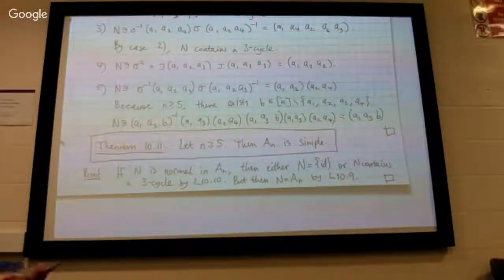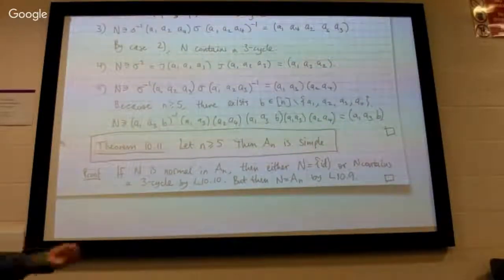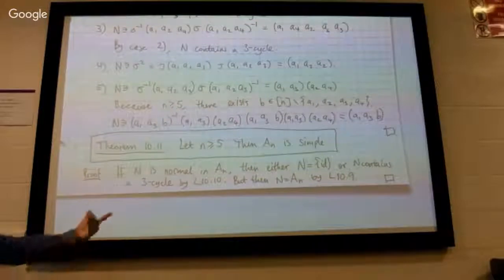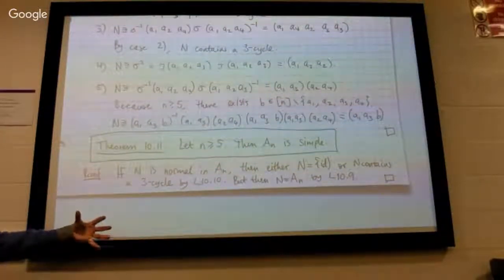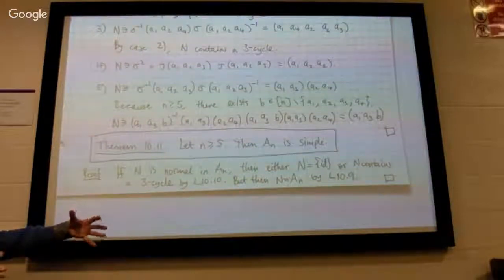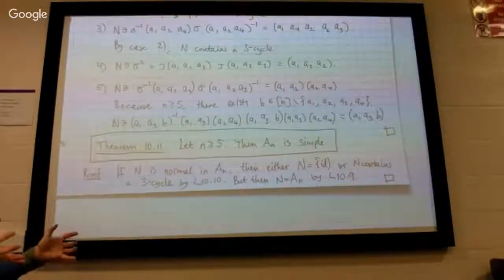Now, splitting it into lemmas perhaps hides what's going on, but maybe it doesn't quite. So you want to look at what are the normal subgroups of An? Well, the identity, that's one. If we take a bigger one, then we've just seen that it contains a 3 cycle.